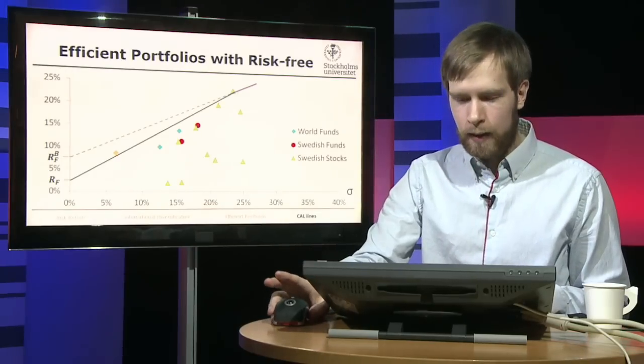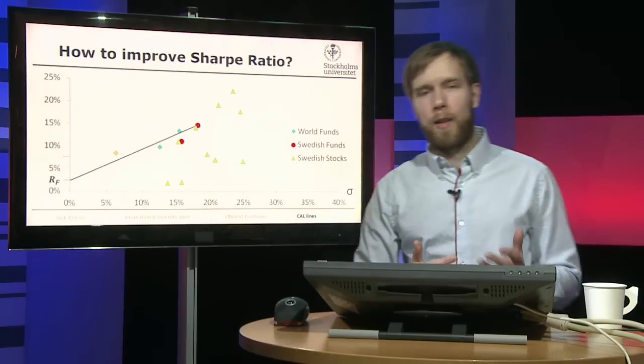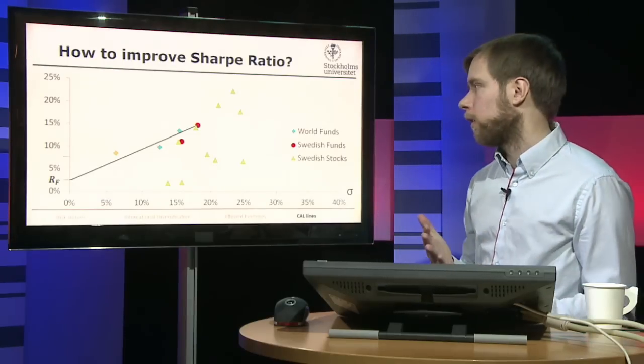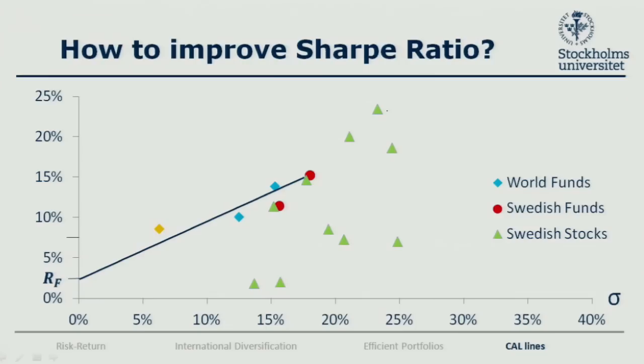Okay, and of course, since you want to win the contest in StockTrack, you want to know how can we improve the Sharpe ratio. So to do that, again, we write the formula, which was the expected return, or in your case, the realized return, minus the risk-free rate divided by the risk of your portfolio.